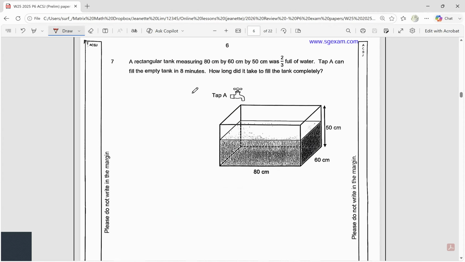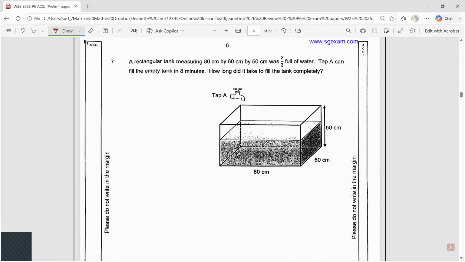Question 7, a rectangular tank measuring 80 by 60 by 50 was 2/3 filled with water. Tap A can fill the empty tank in 8 minutes. How long did it take to fill the tank completely? Okay, so to fill the whole tank, it will take 8 minutes, because it's an empty tank.